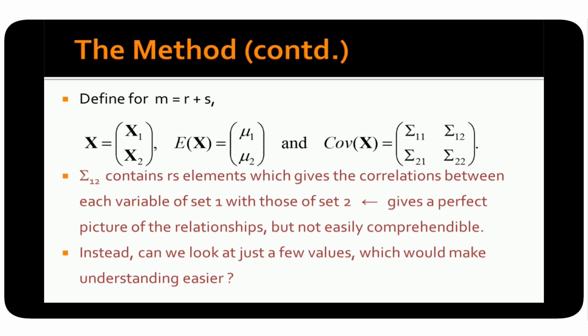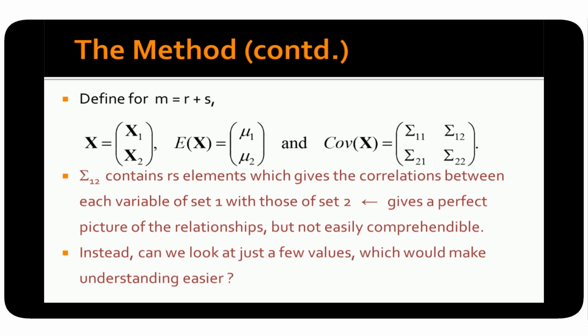Now given what we have defined before, the mean of x would be mu, which is mu1 and mu2. Again, it's an r plus s dimensional vector with the first r elements coming from the first group mean and the second set of s elements coming from the second group mean.